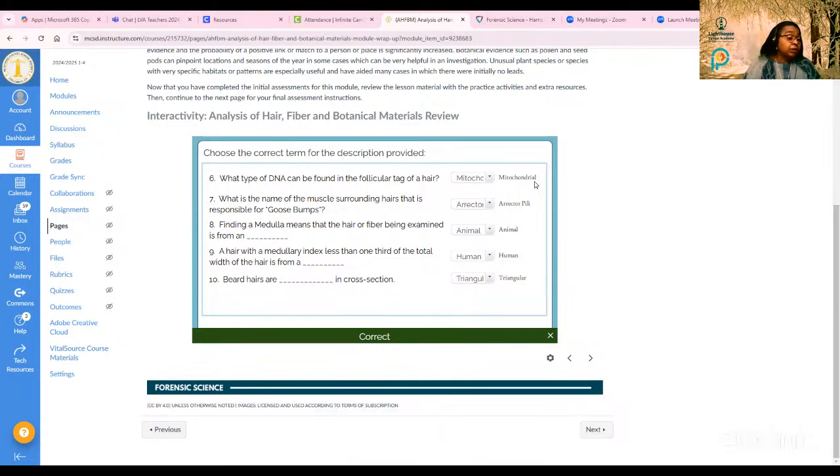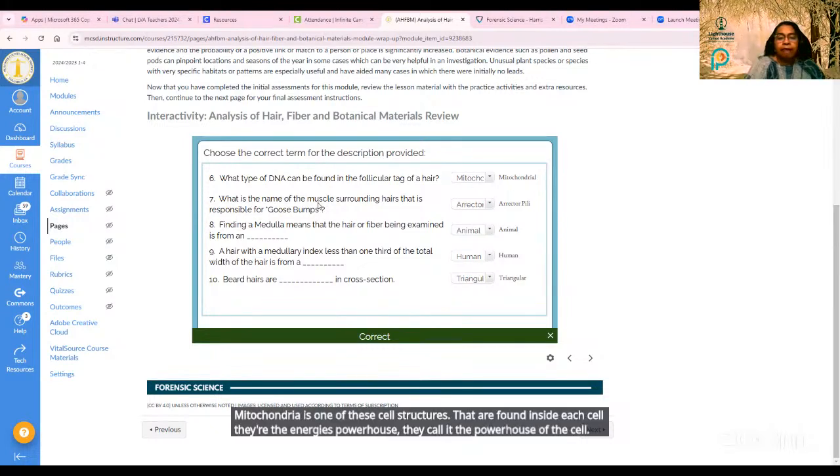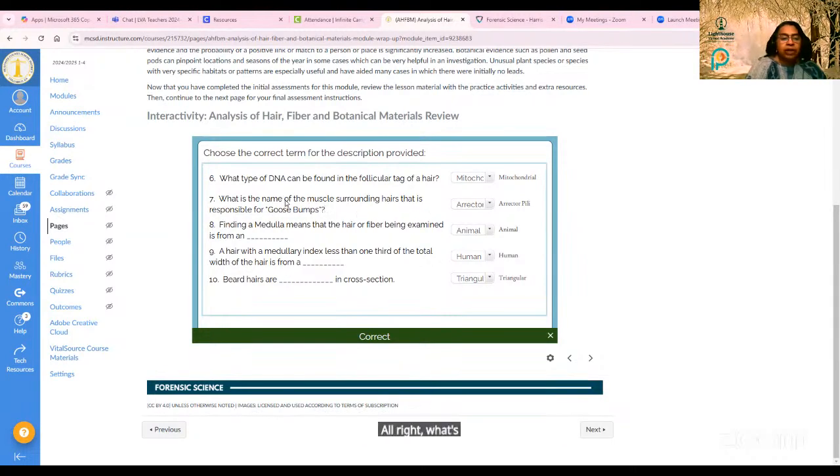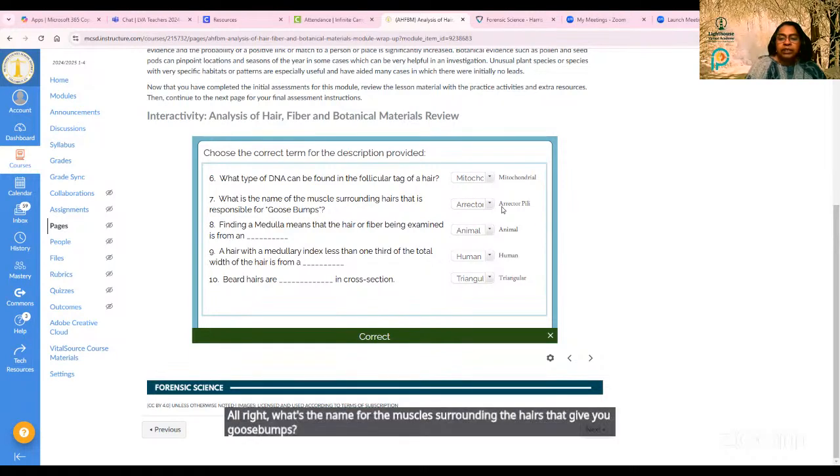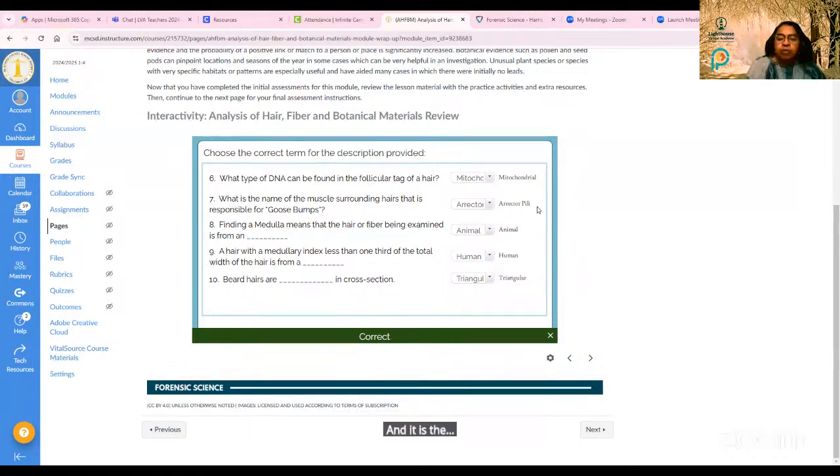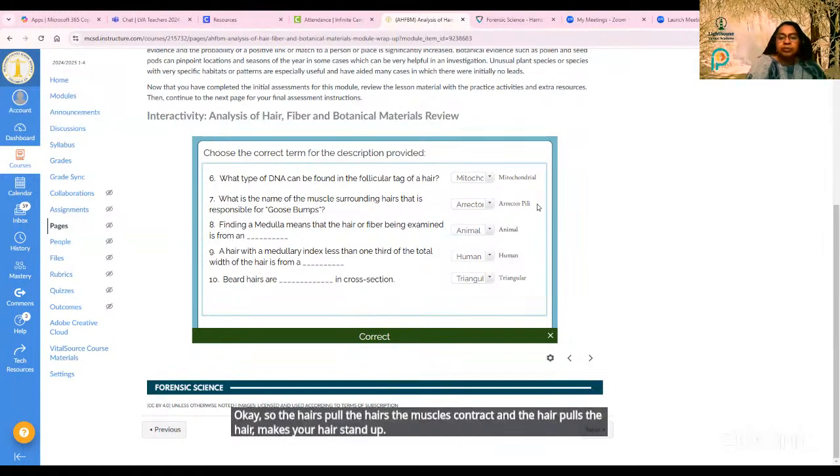They call it the powerhouse of the cell. All right, what's the name for the muscles surrounding the hairs that give you goosebumps? And that is the erector pili. So the muscles contract and the hair pulls, makes your hair stand up.